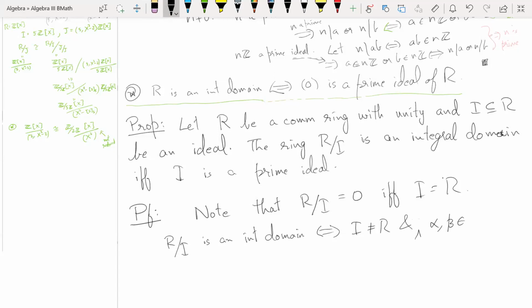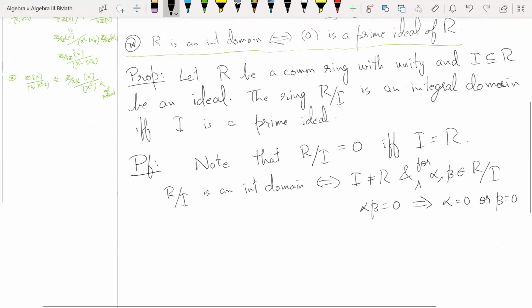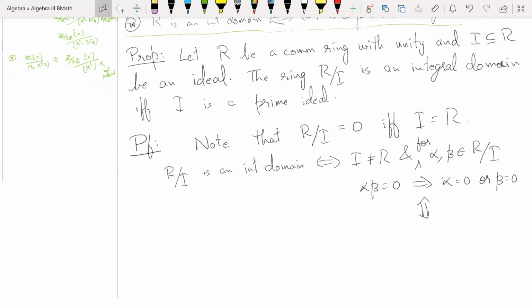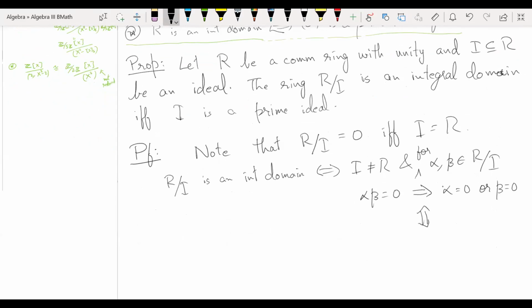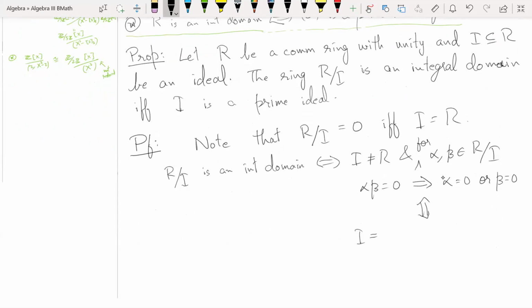For alpha, beta in R mod I, alpha times beta equals 0 implies alpha equals 0 or beta equals 0. So this is the definition of integral domain. And then this statement is equivalent to saying that I is a proper ideal of R, I is not equal to R.